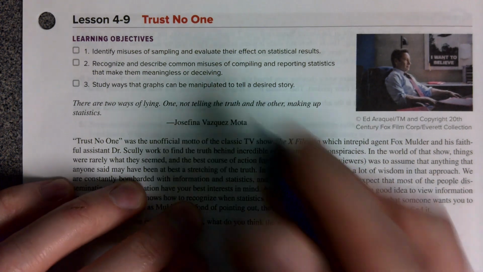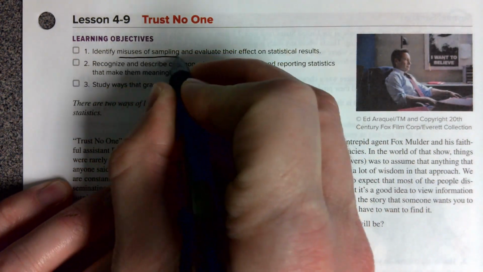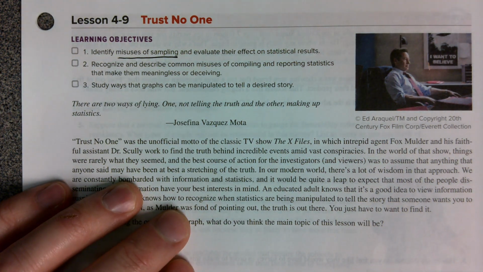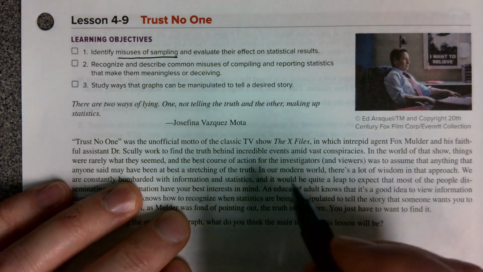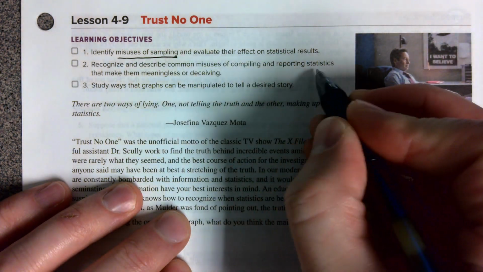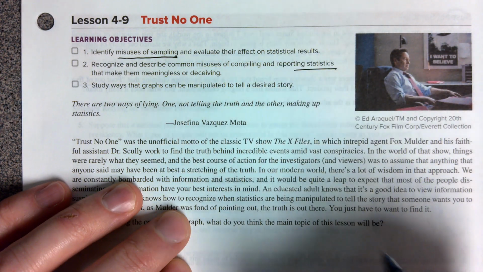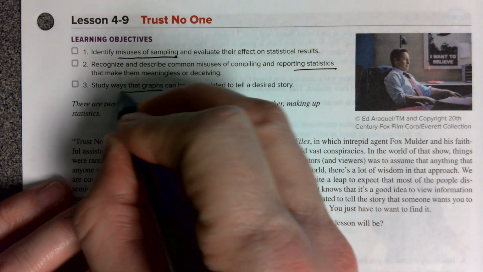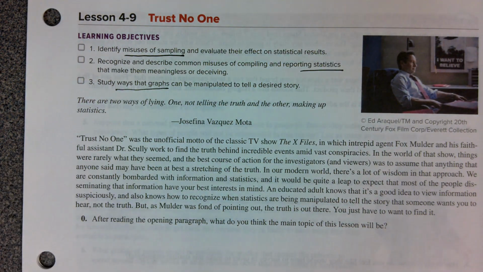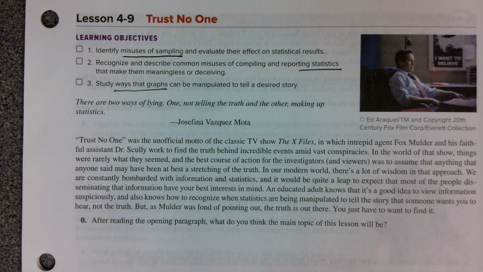So we're looking at how we can misuse sampling to make an incorrect inference about a population, some common misuses of statistics, and, as we already talked about in 1.3, one more look at a graph that could be manipulated or just poorly put together, where the visuals don't match the quantitative data.